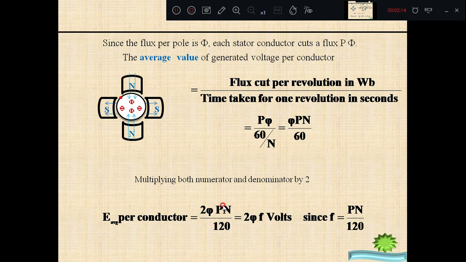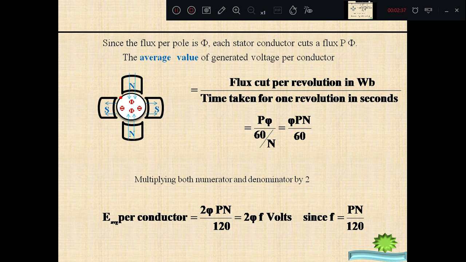In this equation, PN by 120 is nothing but the frequency of the generated voltage. Therefore, this is replaced by f, so that the average induced voltage in a single conductor is 2φf volts. Then we are interested in the per phase value, and there are Zp conductors in series in each phase.